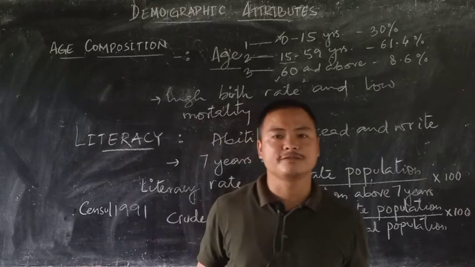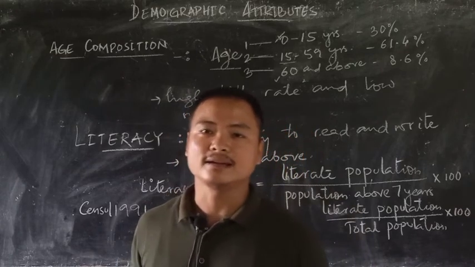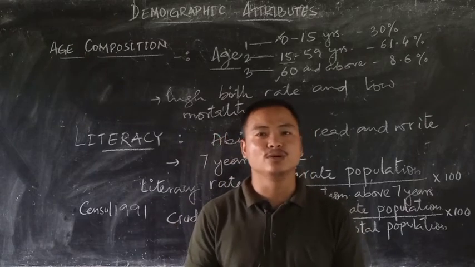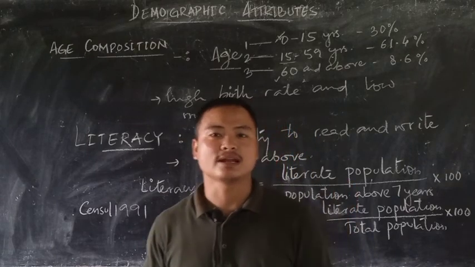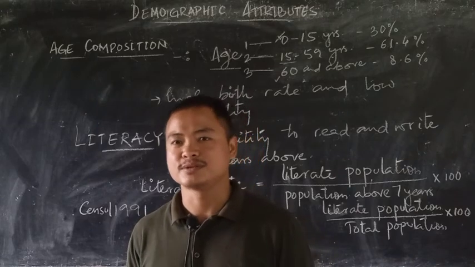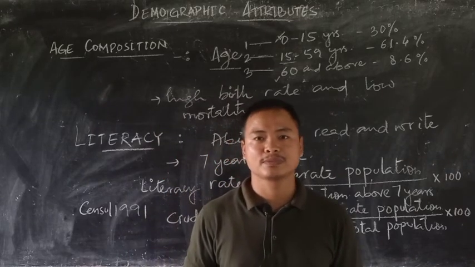Now, when we look at figures and stats, we find that years back in 1901, the literacy rate was very low and almost 95% of the total population was illiterate and only a mere 5% of the population was literate.